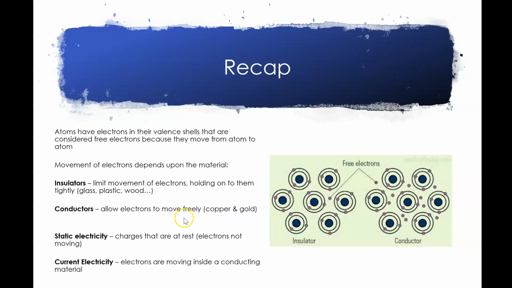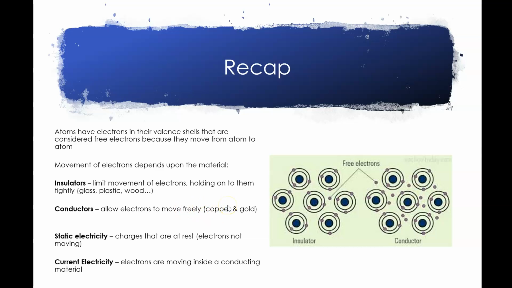And again, depending on the type of conductor, the type of conducting material, those electrons are going to move more or less freely. For example, copper and gold are examples of conductors.